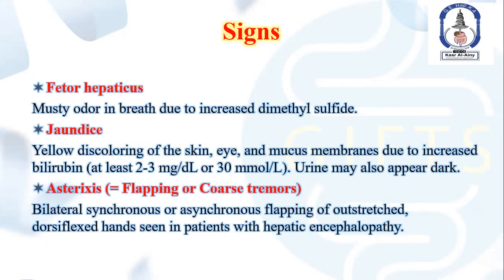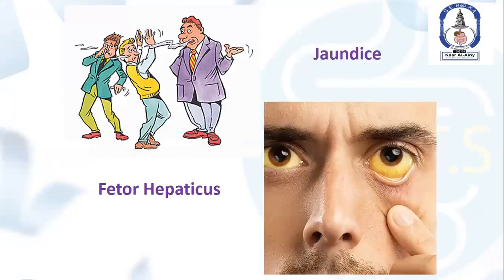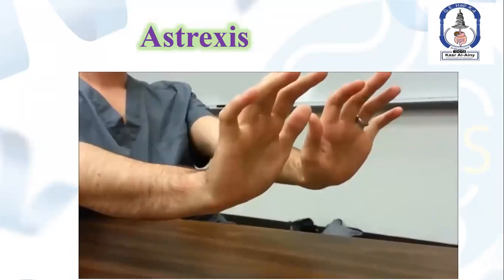And of course, if we have starting hepatic encephalopathy or severe liver failure, we will see these flapping tremors or coarse tremors or asterixis. So let us see how it looks. This is fetor hepaticus, and this is jaundice, and this is asterixis. Look at the video.